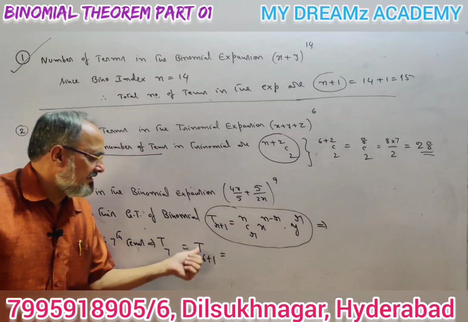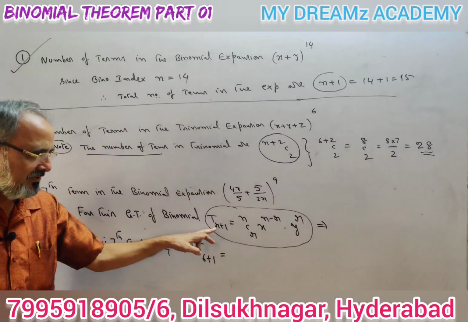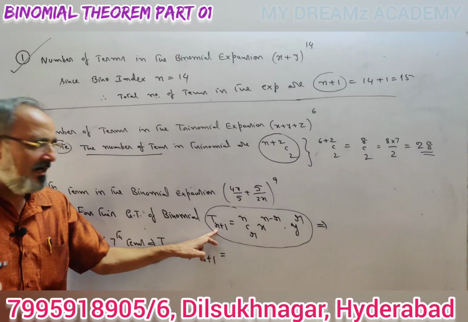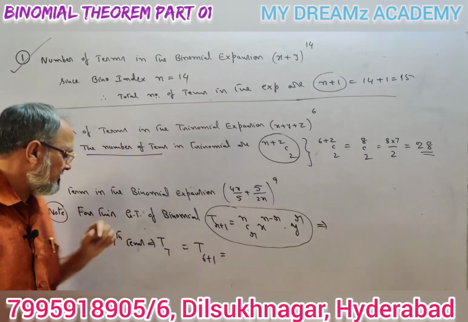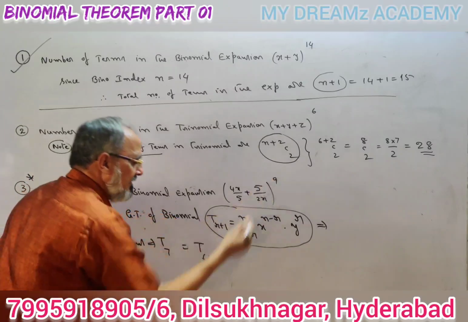Suppose you want the 11th term, you have to write 10 plus 1, and for the 15th term, 14 plus 1. So for 7, r is 6, so 6 plus 1.